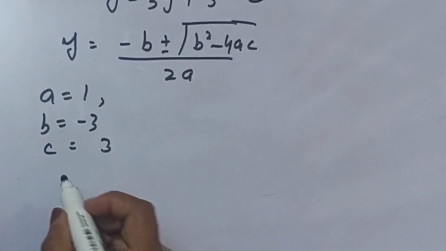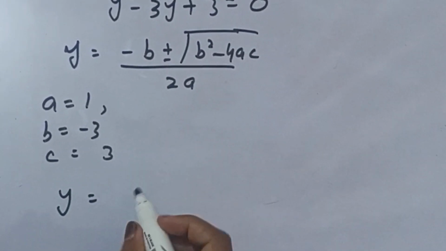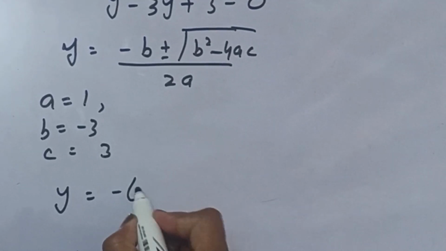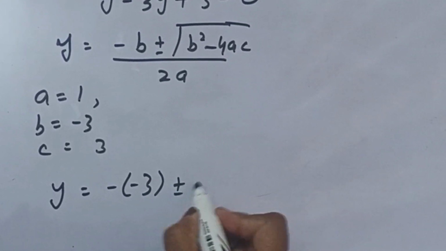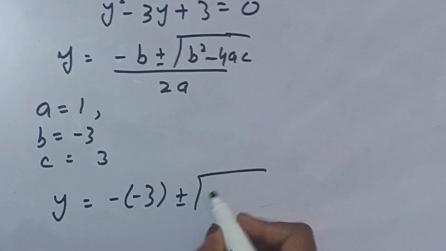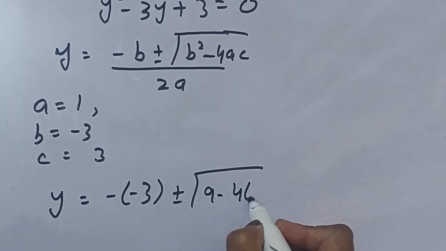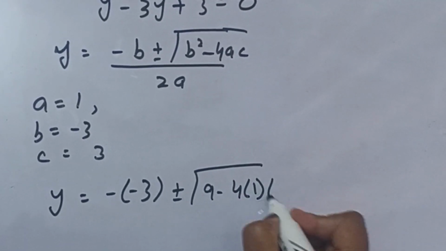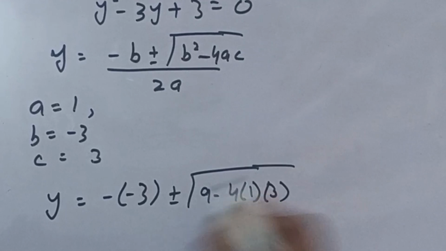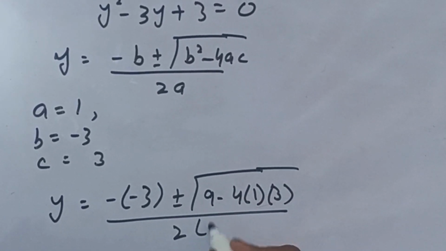Now y is equal to minus b, so minus minus 3, plus minus square root of b square, which is minus 3 square, which is 9, minus 4 times a which is 1, and c which is 3, over 2 times a, which is 1.